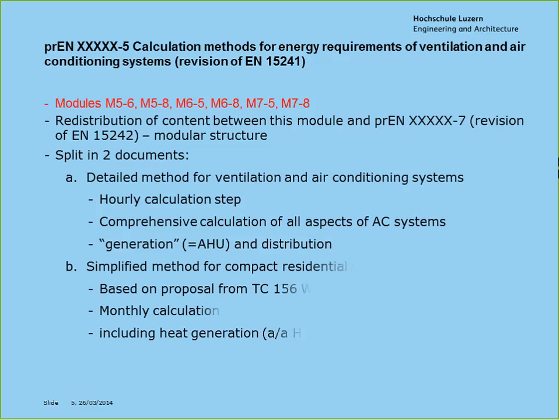Then we have the other document, which will give a simplified method for compact residential systems, based on a proposal which came from the residential ventilation working group. It focuses on a monthly calculation step and, unlike the other one, includes even the heat generation, because it covers compact systems which have it built in, the air-to-air heat pump generation, for instance.